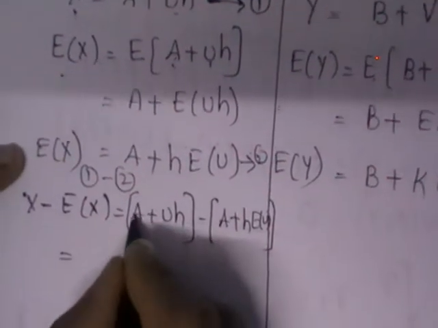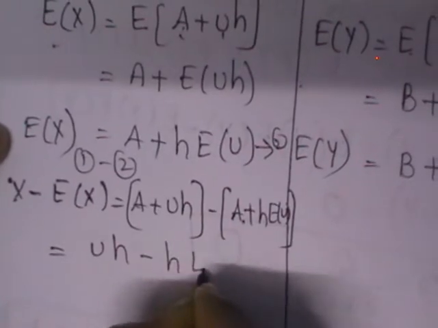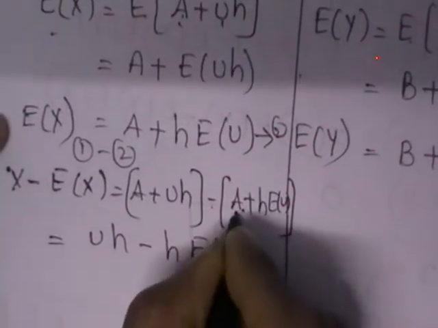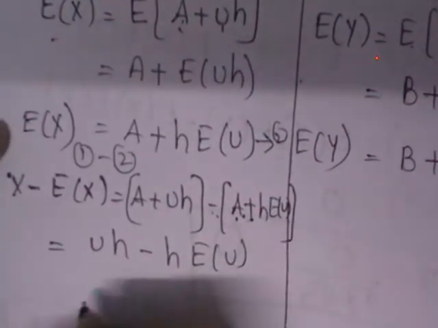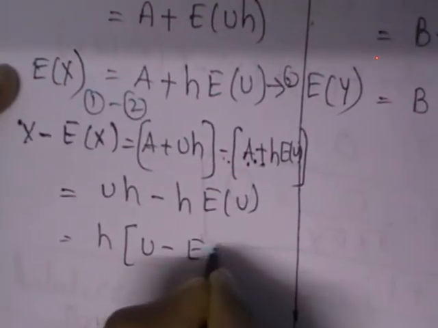The a minus a cancels, leaving minus h into expectation of u, since plus into minus is minus. From these two you can take h common: u minus expectation of u. So you got x minus expectation of x as h into u minus e of u.